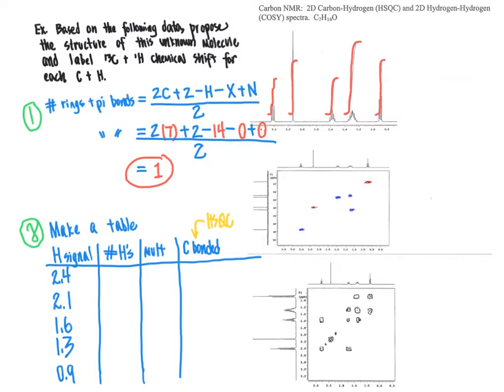And the height of that from bottom to top is proportional to how many hydrogens make up that signal. So these are our integral signals for the 5 different signals that we are seeing within this spectrum.